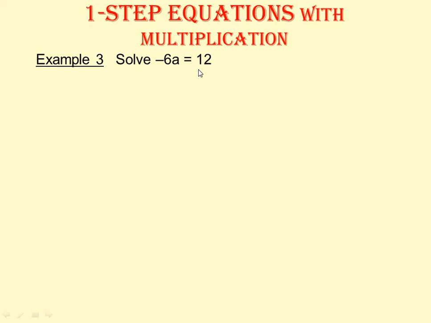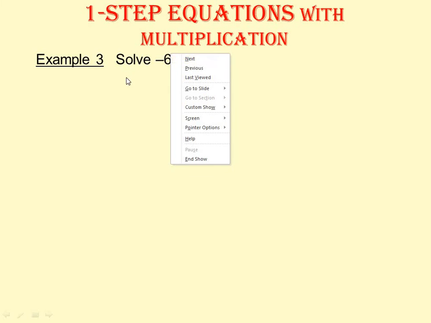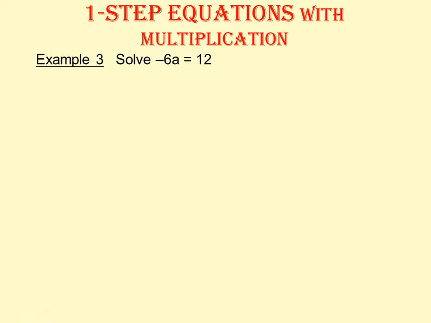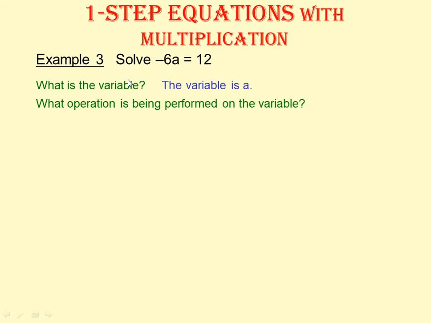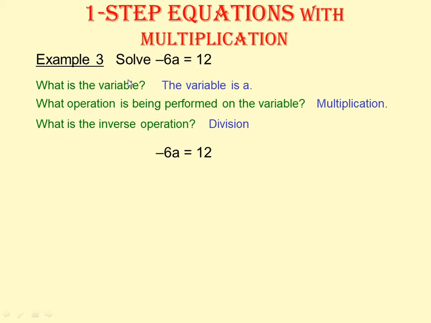So if negative 6 is multiplied by a and I want to make the inverse operation and to keep a alone here, what shall I do? I actually divide, because here you will ask yourself again, what's the variable? What's the operation performed on the variable? It's multiplication. The inverse operation of multiplication is division, so you will divide by negative 6, and divide by negative 6 again.